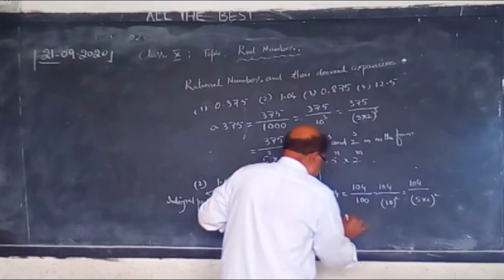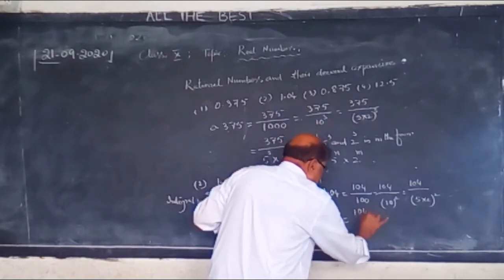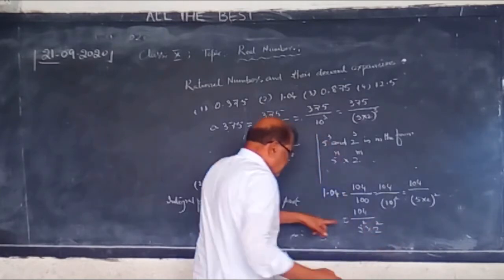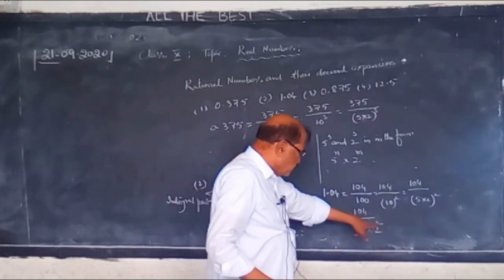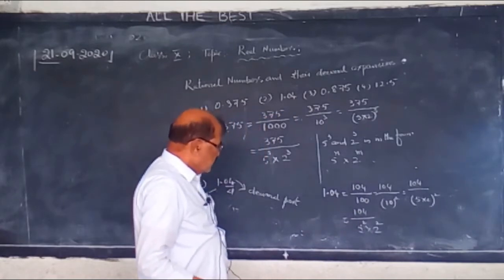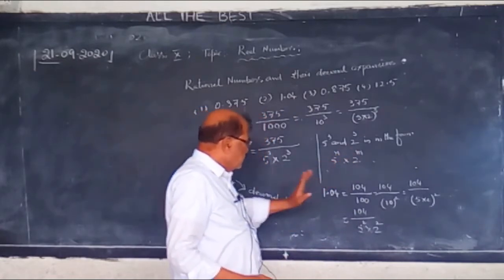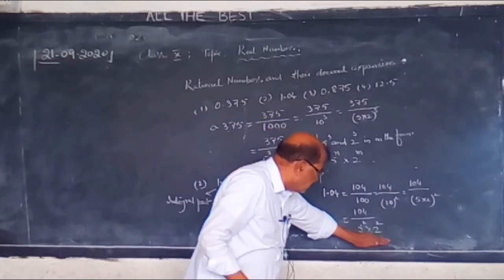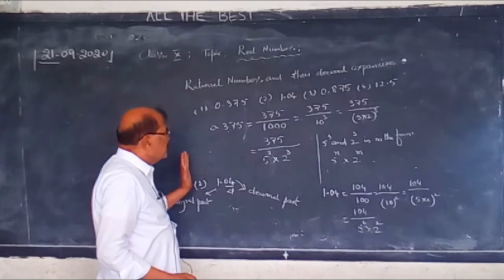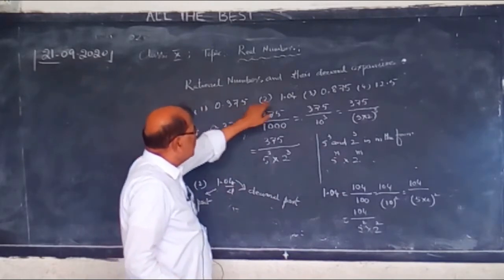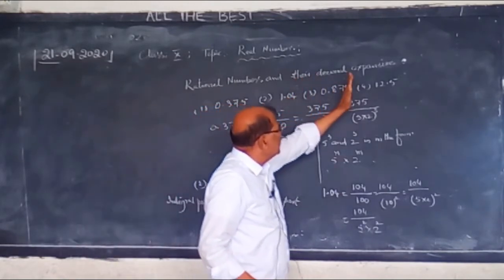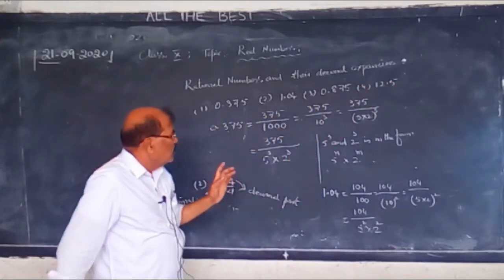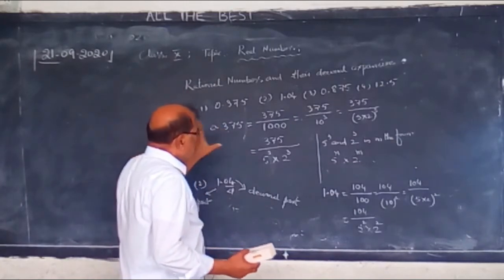So this can be written as 104 by 5 square into 2 square. It is in the form of 5 to the power of n into 2 to the power of n. So whenever you find the denominator can be represented in this form, definitely it is a terminating decimal number. There are two more problems. Please do them at home by observing this.